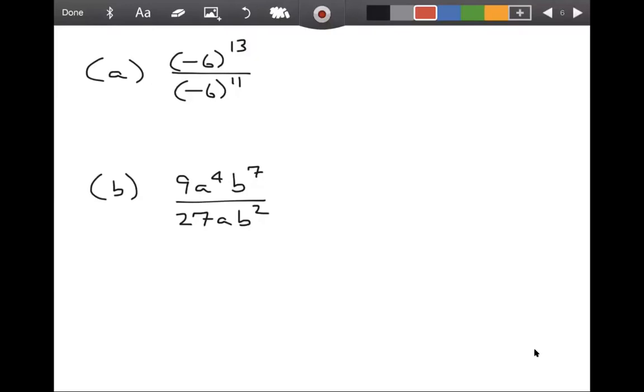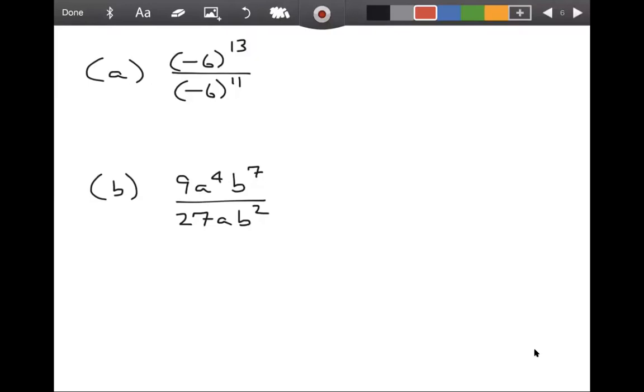And we'll start with the 13th power of -6 divided by the 11th power of -6. Now, if you were to ask your calculator, what is the 13th power of -6 and what is the 11th power of -6, those are both great big numbers.